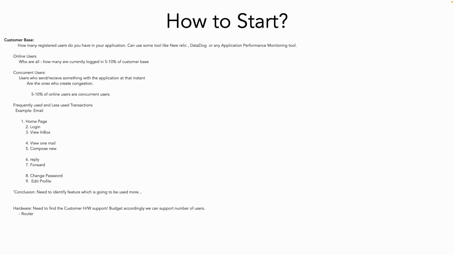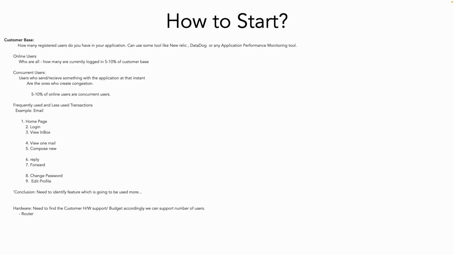What I wanted to tell you is how to start, because most of the time when we start performance testing, there is always a dilemma about what our base should be, and how to identify how many concurrent users, simultaneous users or virtual users we should create to load the performance test.